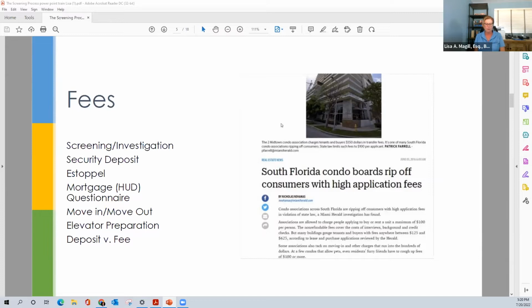Now, we were hearing particularly in Miami, but it probably happens in other so-called high rent districts, where there were all kinds of fees, and it was very, very difficult for tenants to move into the property. And some of these fees or costs, whether they're deposits or escrows, are perfectly legitimate. So if the rent is $3,000 a month and the owner wants a security deposit of 1 month's rent, that's $3,000.